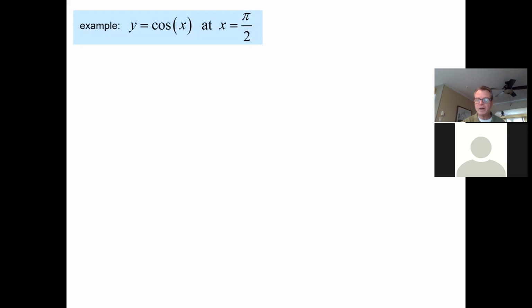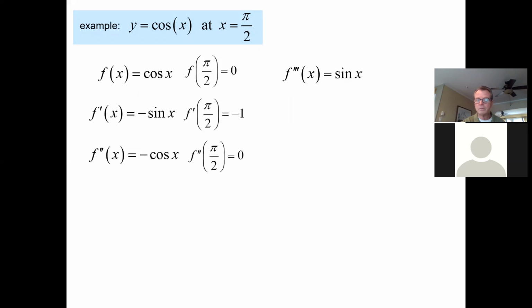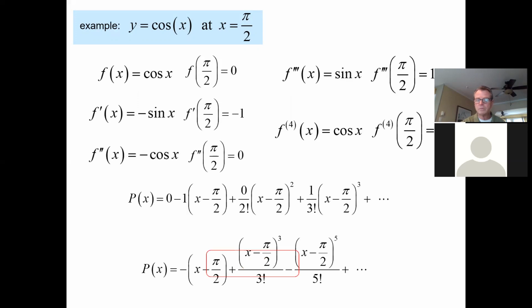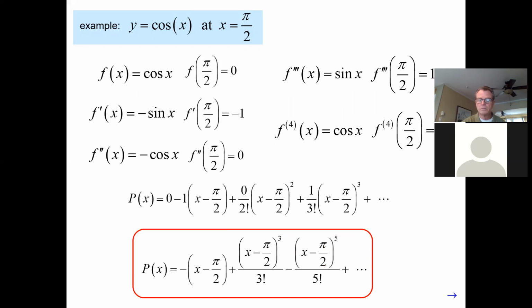So how about if we shifted it from Maclaurin to Taylor? We want to put it around pi over 2 instead of 0. Ready? Because you shifted it to pi over 2, the initial term was 0. Here are the signs alternating.